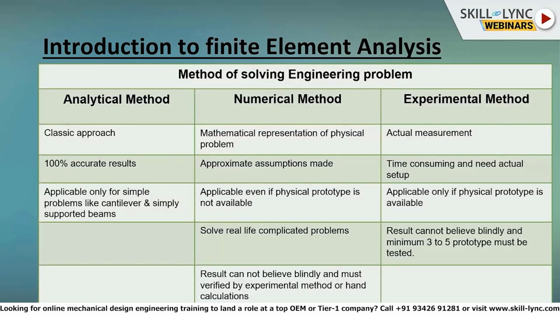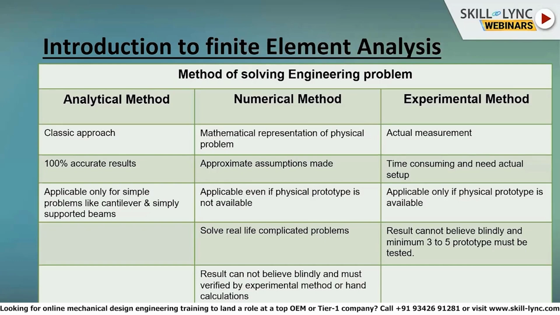To summarize, to solve any engineering problem there are three types of methods. First is the analytical method, second is the numerical method, and third is the experimental method. Each of these methods has its own positives and negatives.